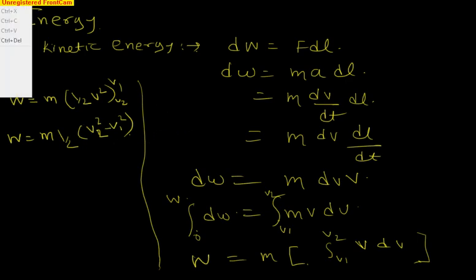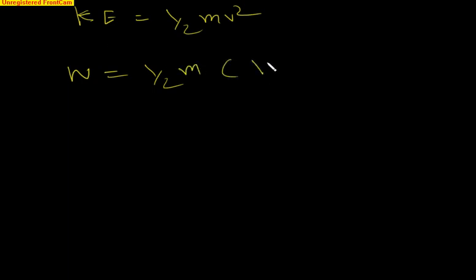Okay, main thing here: kinetic energy is half m v square and work is half m into the difference of v2 square minus v1 square.